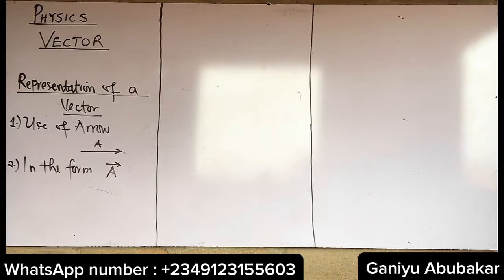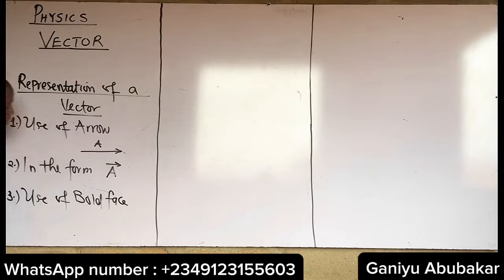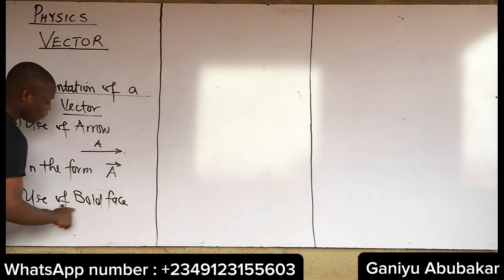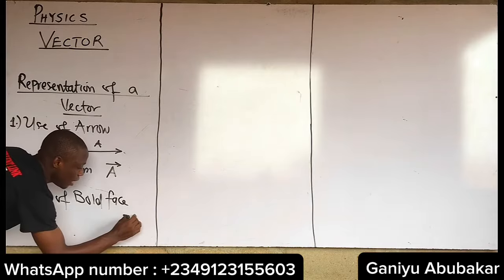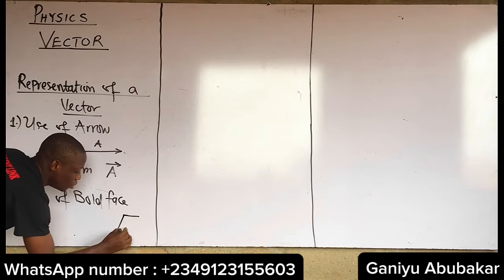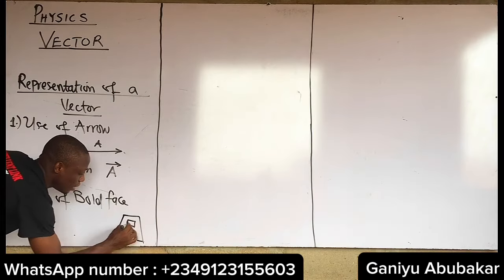The third way of representing a vector is the use of bold face letter, as in this case, let's say I have the use of boldface letter, as you can see.